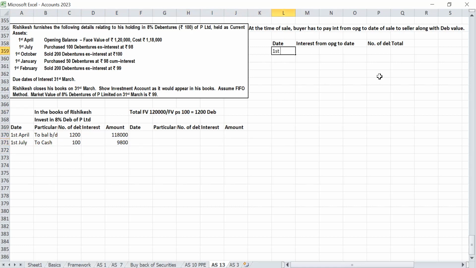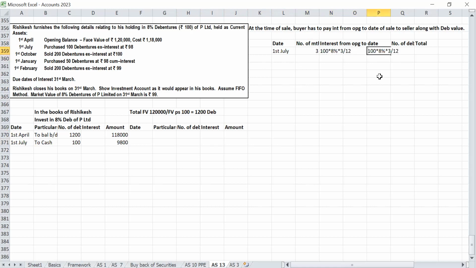What is the date of transaction? 1st July. So interest from opening to date, how many months? April, May, June, 3 months. So interest will be 100 into 8% into 3 by 12.